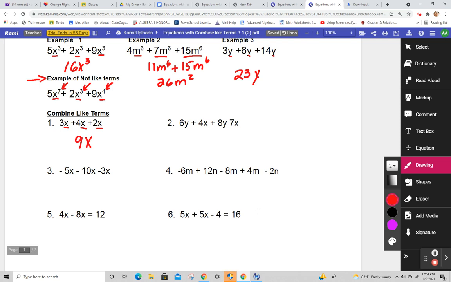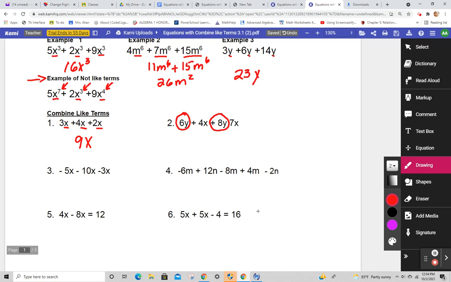All right, number 2. Okay, it's mixed here, so we have to combine the like terms. So I'm going to circle this term and this term. They are alike. Let me try that again. When you're doing this, you always want to circle the term and the operation or the sign in front of it. So we have 6y and 8y. These are terms with the same variable to the same power.